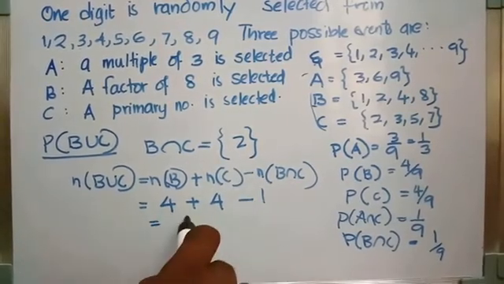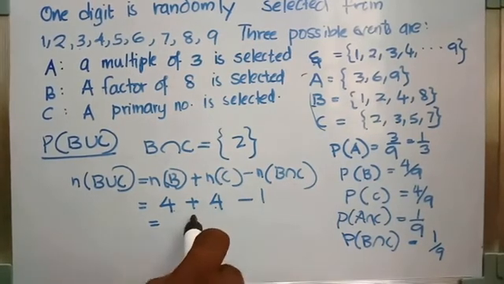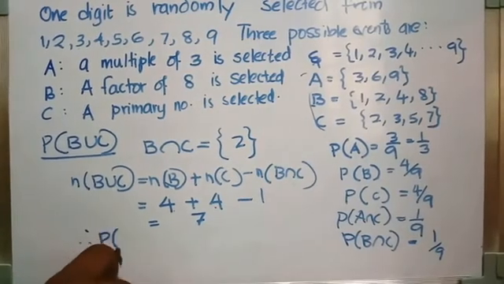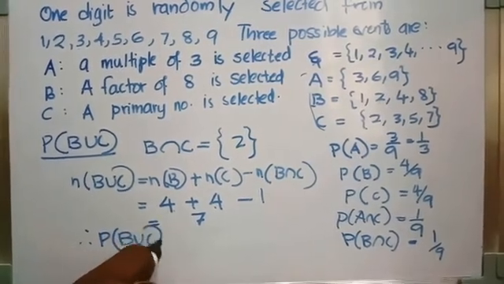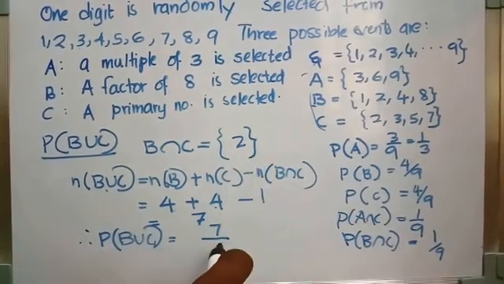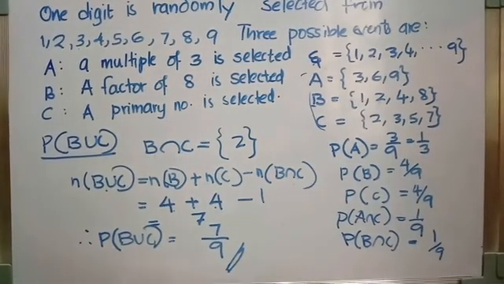We get 4 plus 4, 8. 8 minus 1, 7. Therefore, the probability of B union C is 7 elements out of 9, so we get 7 by 9. You can use this method or directly the probability method, no issue. This is one of the examples you can find from mutually and not mutually exclusive events.